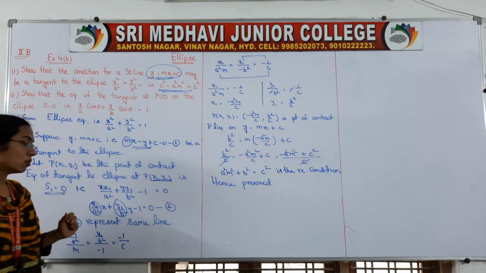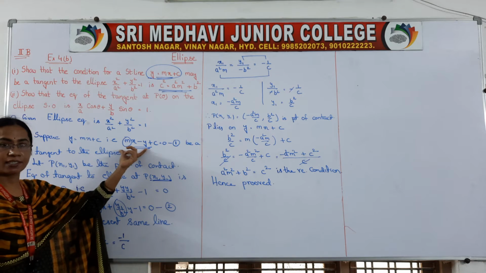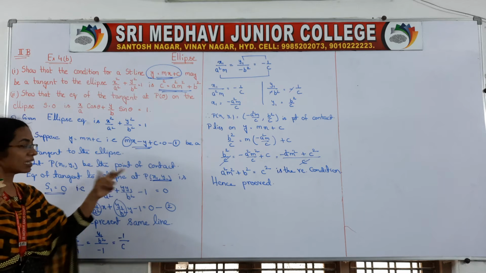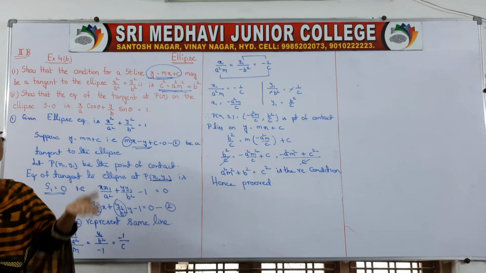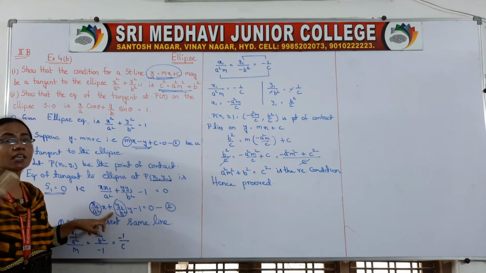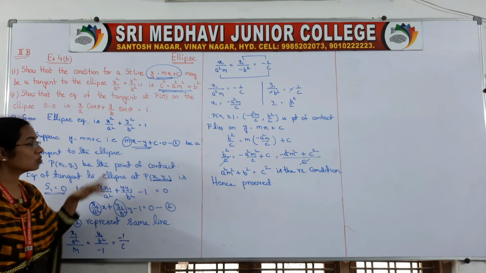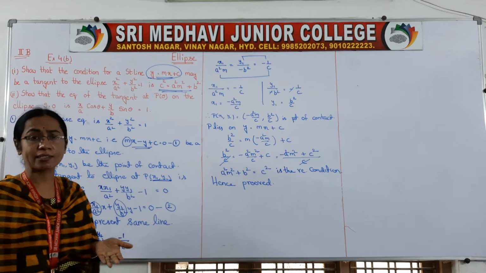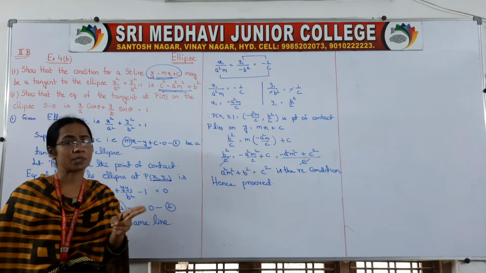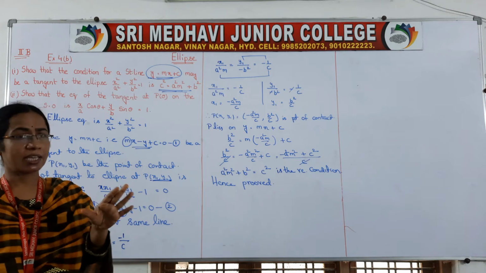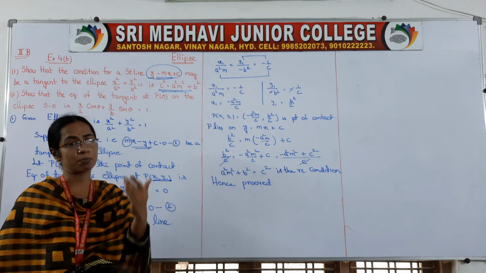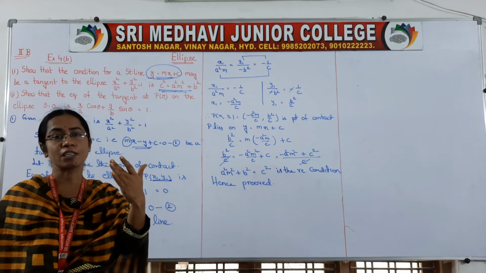Okay. So now actually we have taken this as the tangent and this as the point of contact. Again, the equation of the tangent at that same point, that means these two equations represent the same line. So if 1 and 2 represent the same line, then in mathematics, whenever two equations represent the same line, we take x coefficient by x coefficient is equal to y coefficient by y coefficient is equal to constant by constant.